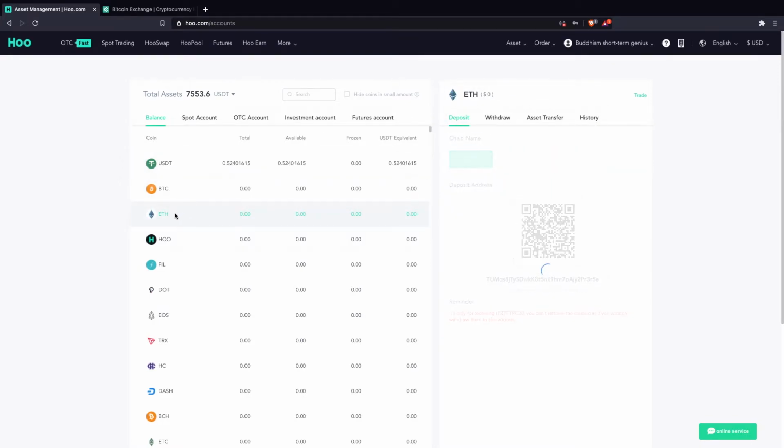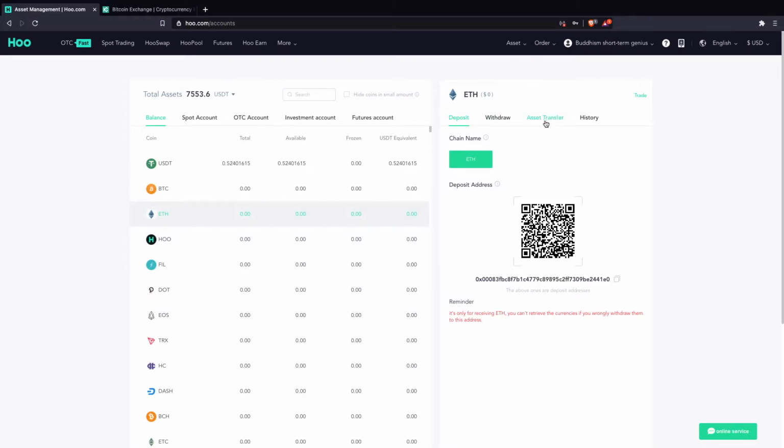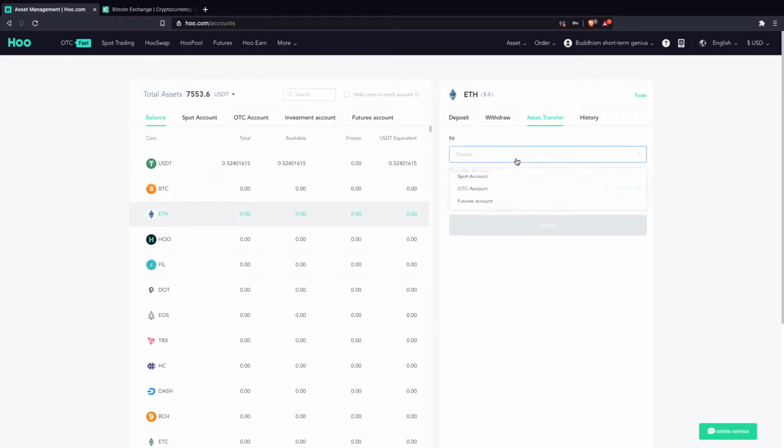So in this case, theoretically we're doing Ethereum. So we're going to go to asset transfer for Ethereum. We're going to go to the spot account, and then we're going to transfer however much we want to transfer. You're probably going to be transferring it all to the spot account so you can use it in the spot market. Okay, cool. So now we have our money in our spot account.